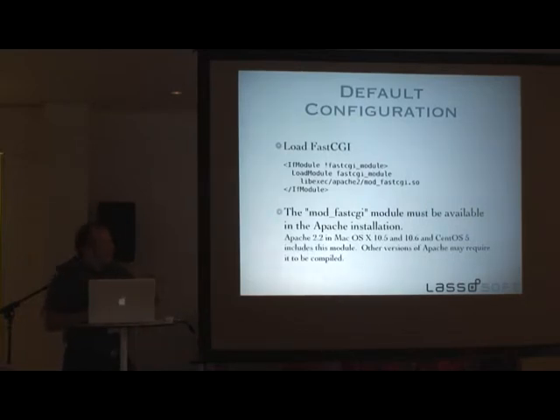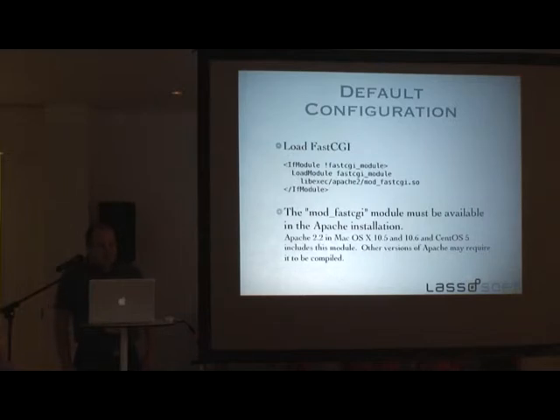So if we go through that configuration file, the first thing is loading the fast CGI module. This is installed to run Lasso 9. One of the most important requirements is to have a fast CGI module. I mentioned at the bottom that CentOS seems to have the module by default.